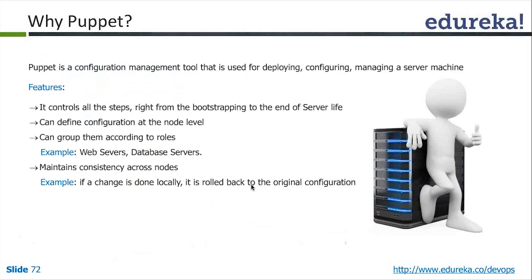Why? Because your server has a list of configuration for that machine. If anything changes, it pushes back. That is another advantage. It is not about just pulling and pushing. It's also about keeping a consistent configuration throughout its life cycle without your intervention.